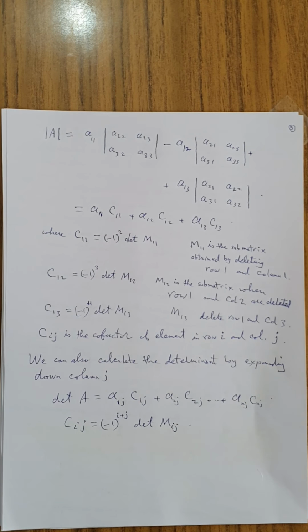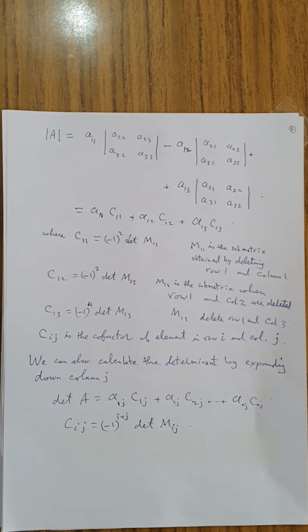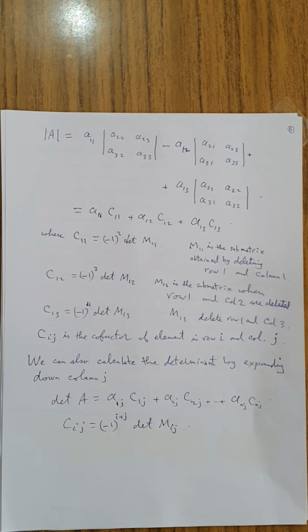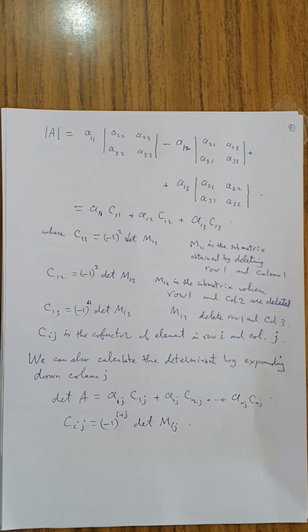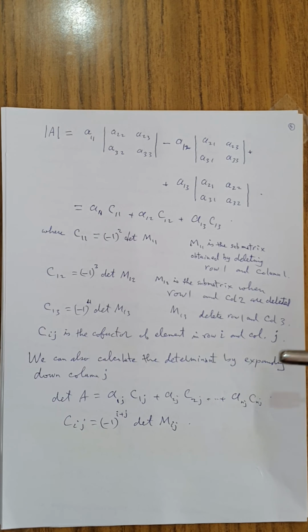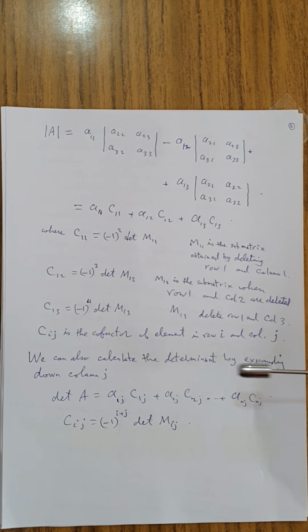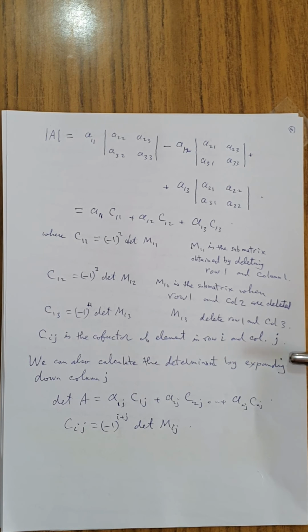Similarly, C13 is minus 1 to the i plus j, which is 1 plus 3, which is 4, plus 1, times determinant M13, which is the matrix obtained by deleting row 1 and column 3. So Cij is the cofactor of the element in row i and column j.